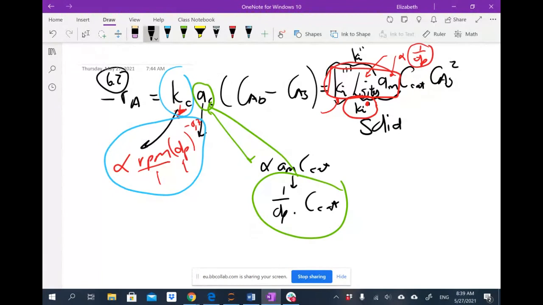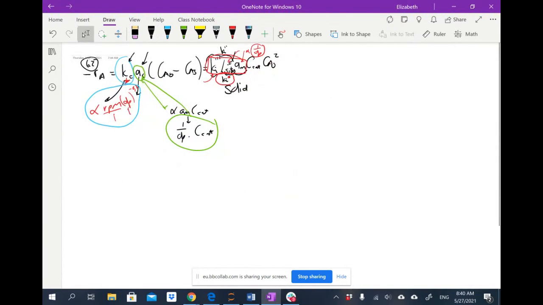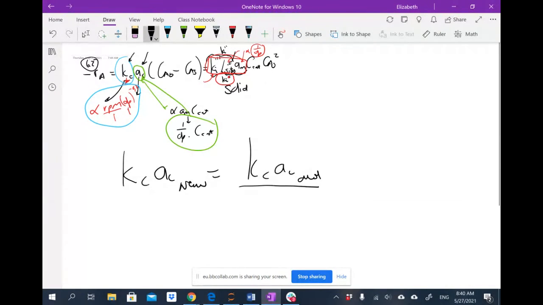So if I now, and now the uncomfortable part of this problem is that you do not have enough information to calculate AC explicitly or KC explicitly. And you do not have information on the L of the sites. But this is where you now are going to modify your equations to say, okay, now I can write it in terms of, so if I have a KCAC at any new situation, if I want to calculate it, it will therefore be equal to the KCAC at my old situation where you have a variable available for it.